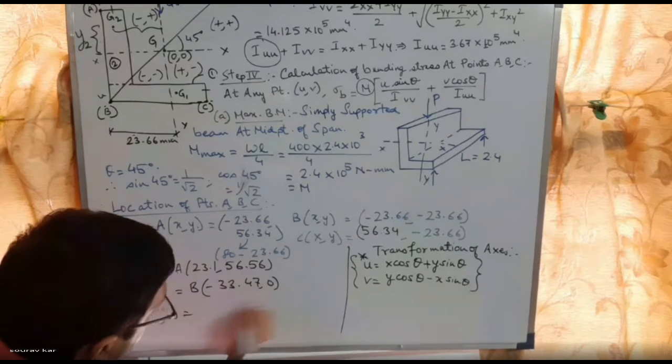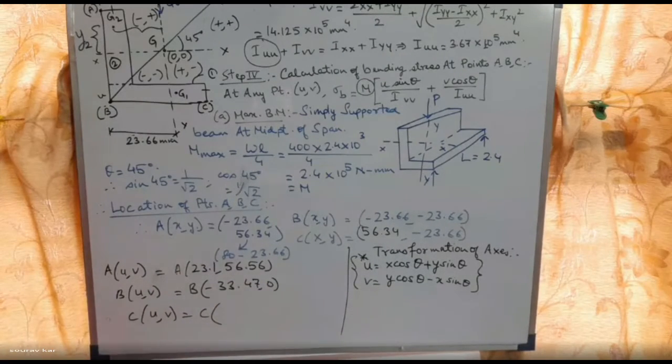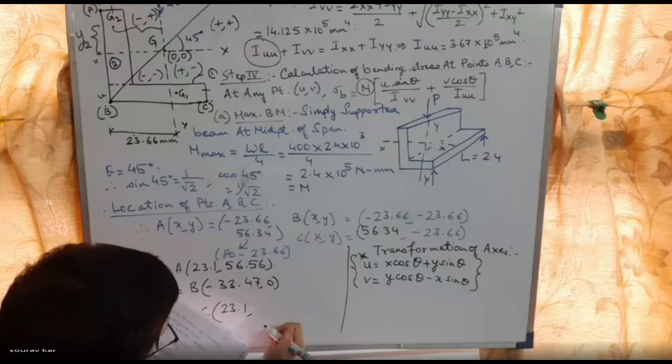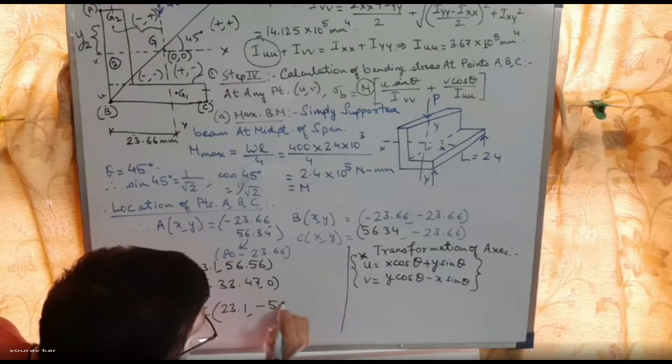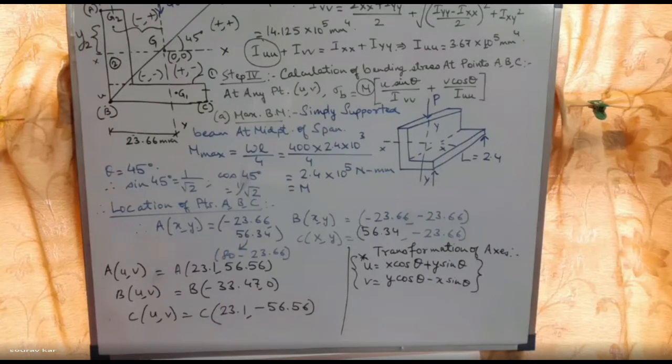Next for C, sir, 23.10 and 56.57. 23.10 and minus 56.5. Yes, sir. Minus 56.5. So these are the three coordinates A, B, C.